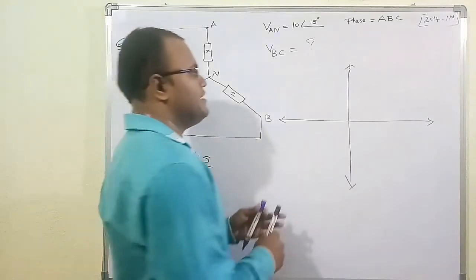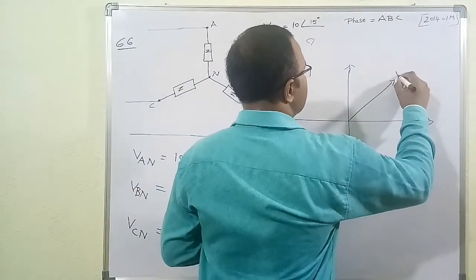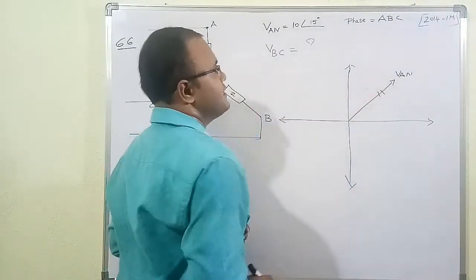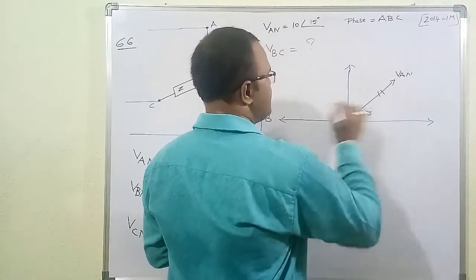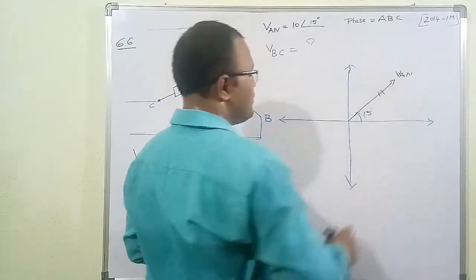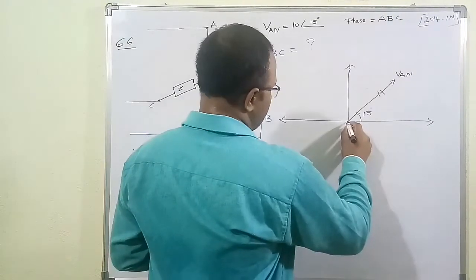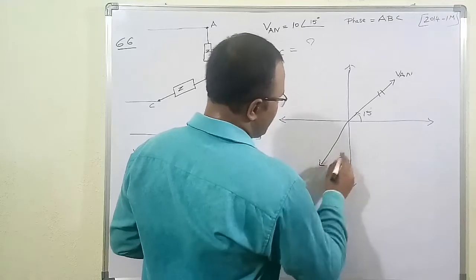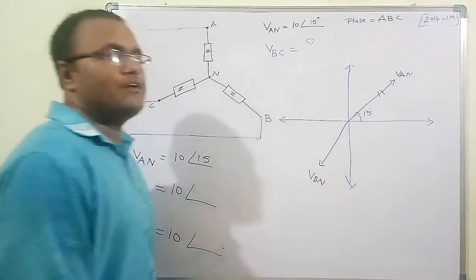See, I will draw it carefully here. VAN is 10 angle 15. The magnitude is 10, and the angle is 15 degrees, positive direction, meaning anti-clockwise. But VBN is going to lag VAN by 120 degrees.